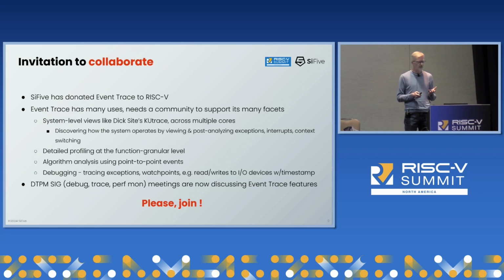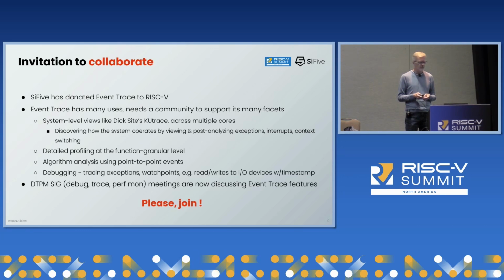So how do we actually provide access to this as part of the SiFive delivery of tools? When you are buying a SiFive core, you can select whether you want the event trace to be part of these cores.